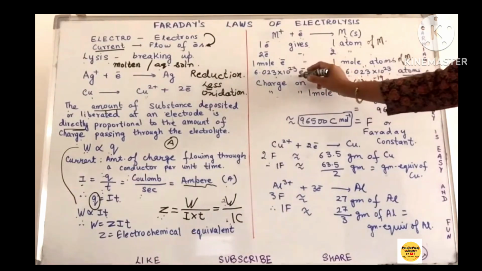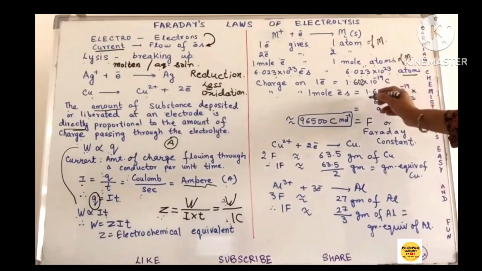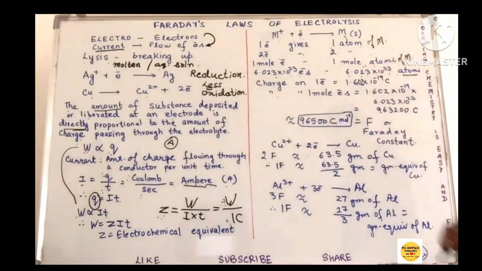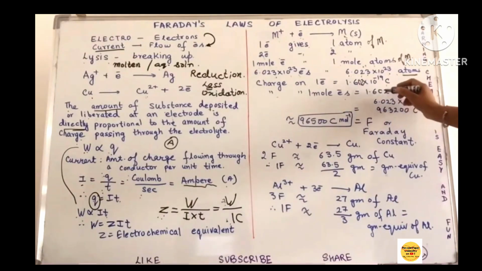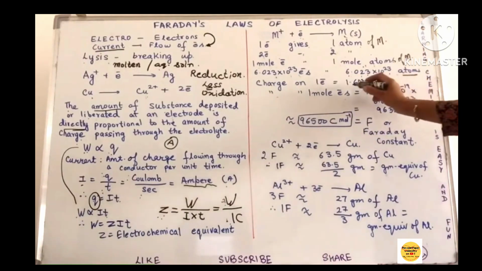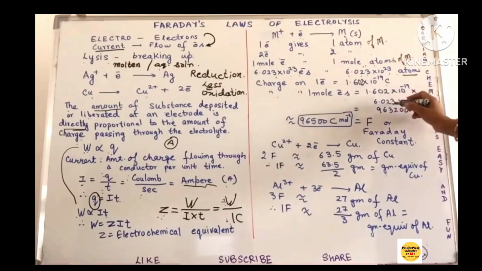Now that you are passing 1 mole of electrons through the solution, what is the total charge flowing through the electrolyte? Yes, you multiply the charge on 1 electron by the number of electrons. So 1.602 into 10 to the power minus 19 multiplied by Avogadro number, that is 6.023 into 10 to the power 23. This comes to, actually it will depend.